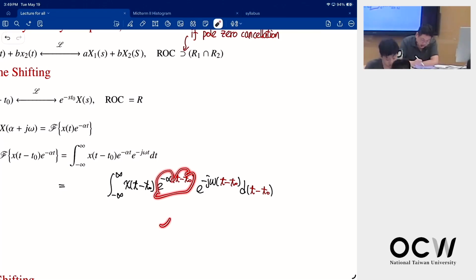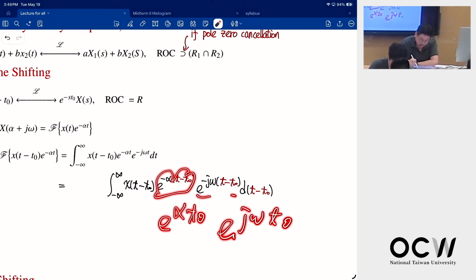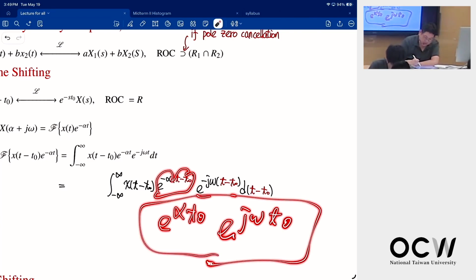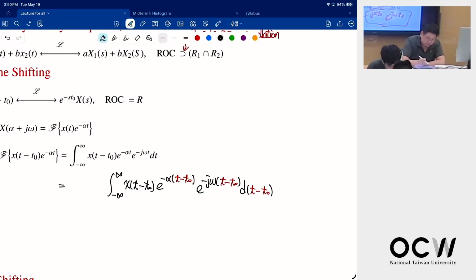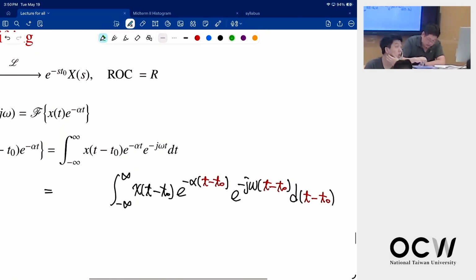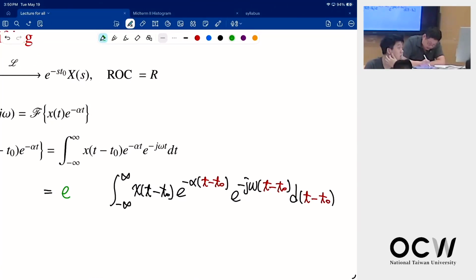e to the alpha t naught, and also here e to the j omega t naught. So overall, in front I should have the inverse, e to the minus alpha plus j omega t naught, to compensate.